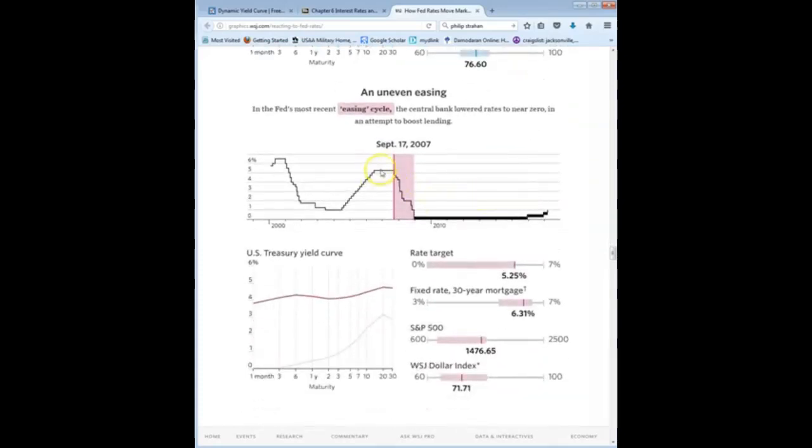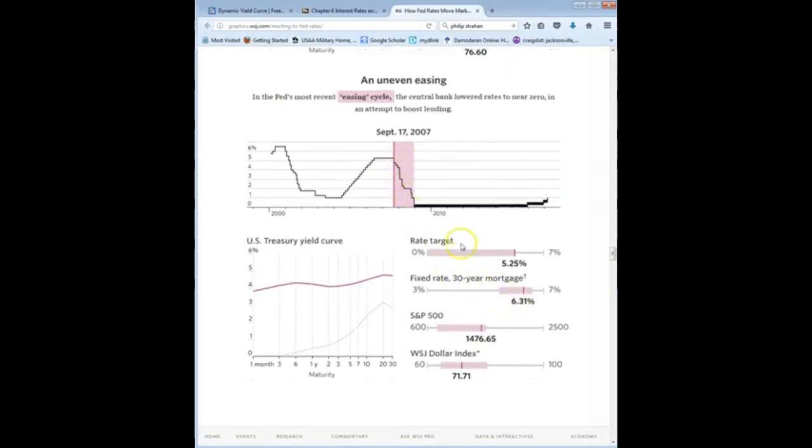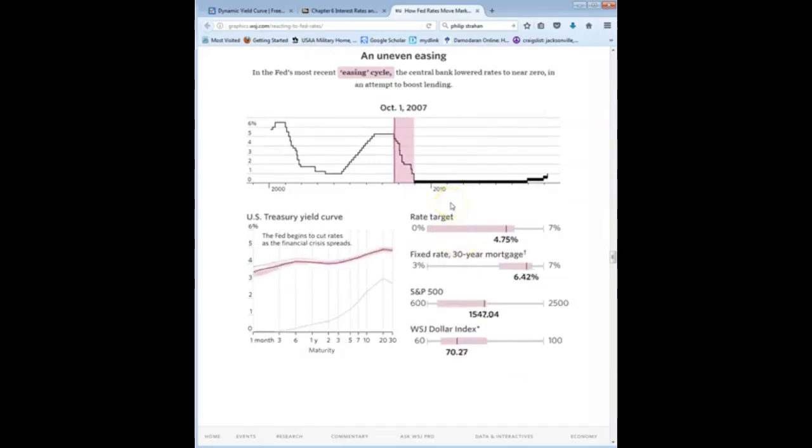And then it seems like almost immediately the Federal Reserve recognized we're going into a recession, so they began an easing cycle of lowering interest rates, and you can see how the rates were lowered here. As we go through time, we can see what happens to the shape of the yield curve as the Federal Reserve lowers rates. We have a 2% target rate here as of October 2008.